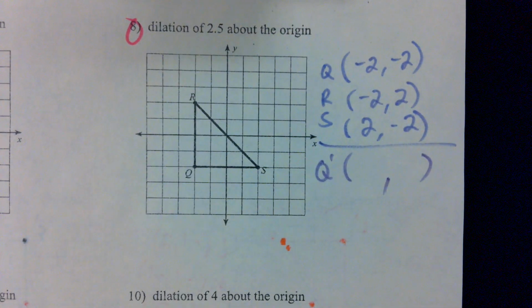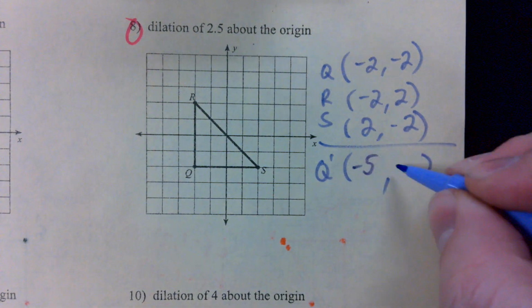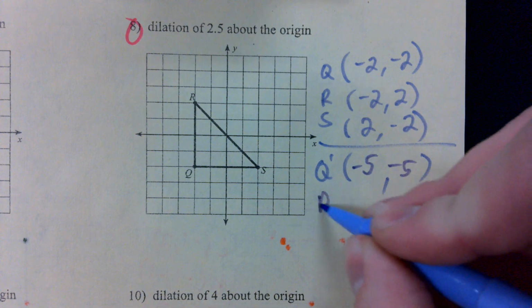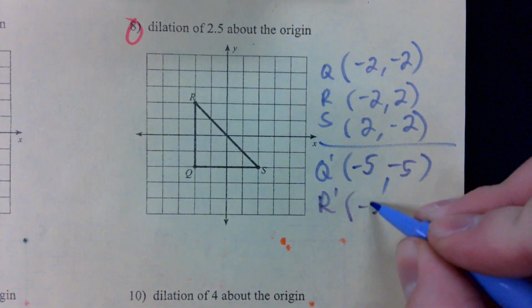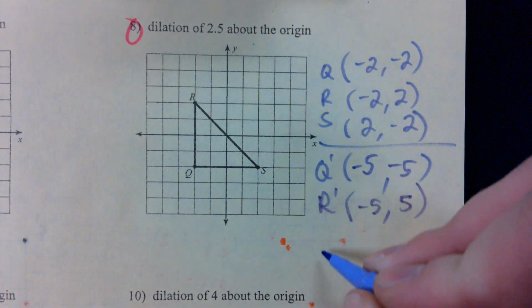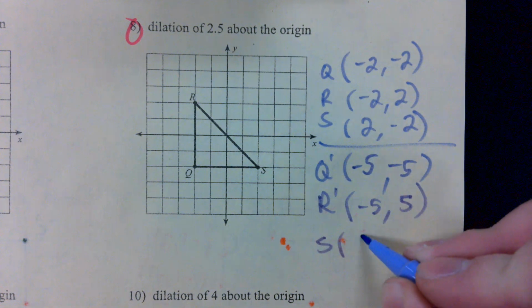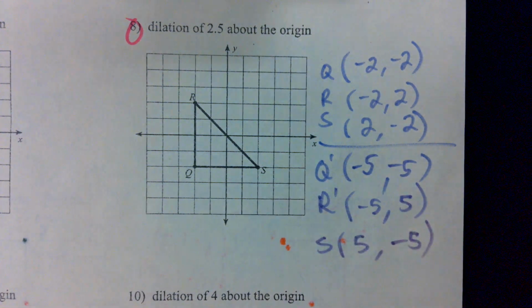So, what's 2 times 2.5? 5, right? What's 2 times 2, everybody? 4. What's half of 2? 1. 4 plus 1 gives us 5. And since they're all 2's, they're all going to be 5's. Just make sure your negatives and positives are corresponding in the right way. Just like that.